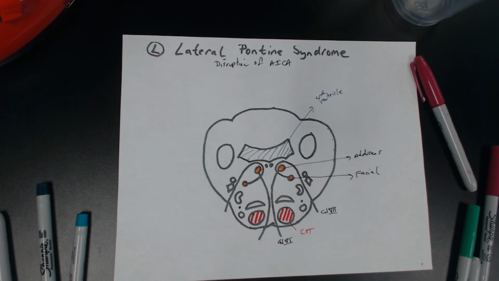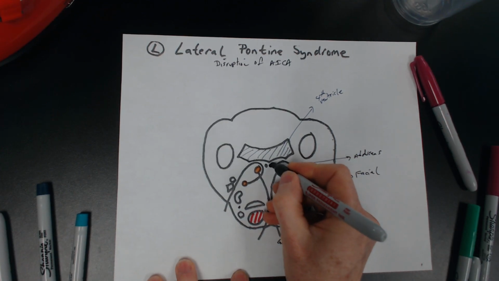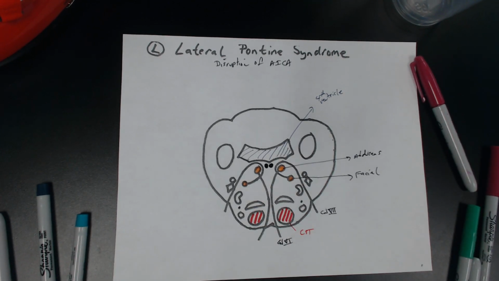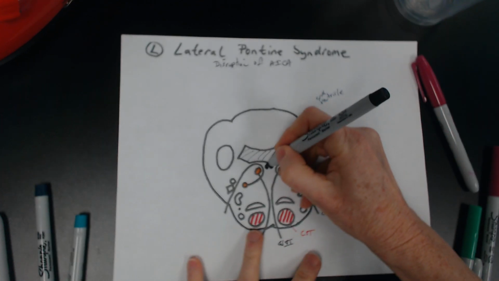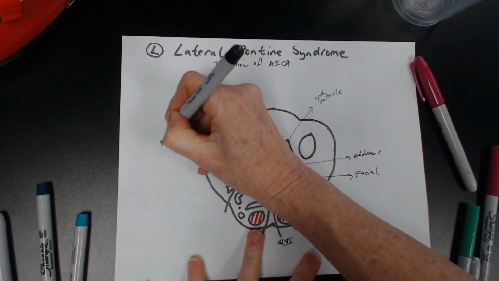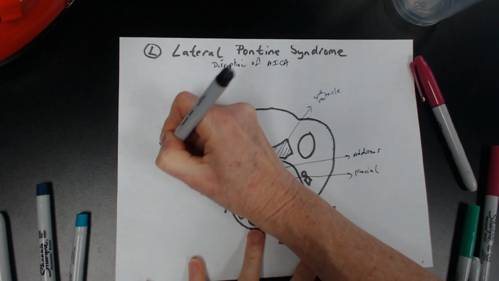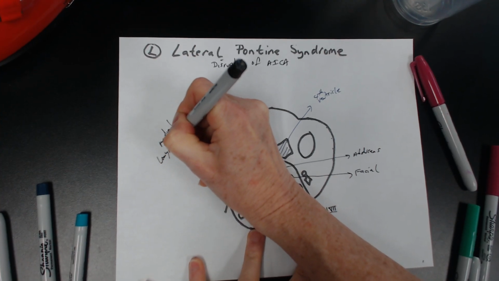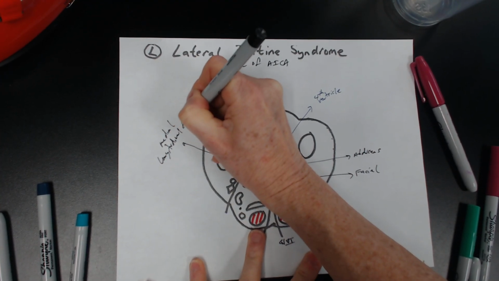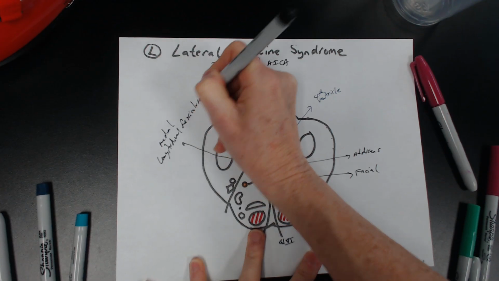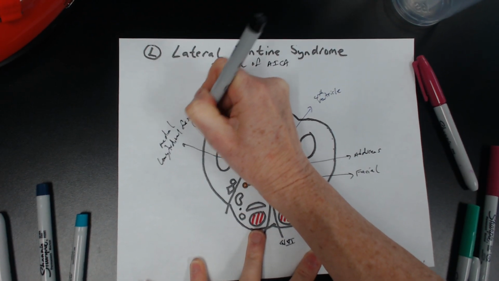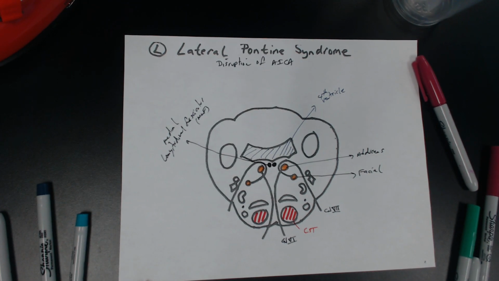Okay, we're looking at medial structures. Up here we have the medial longitudinal fasciculus, MLF, responsible for conjugate gaze.